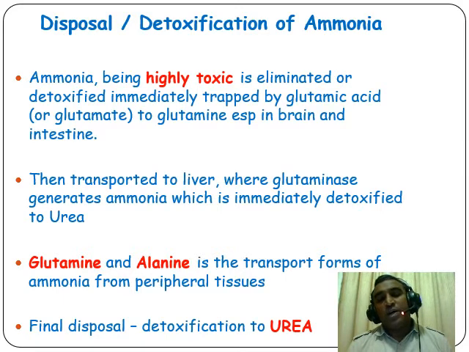Other tissues such as brain, intestine, and muscle also need to utilize free amino acids. However, the free ammonium ion that is released will be brought to the liver by the transport forms of ammonia, that is glutamine and alanine, to be detoxified.